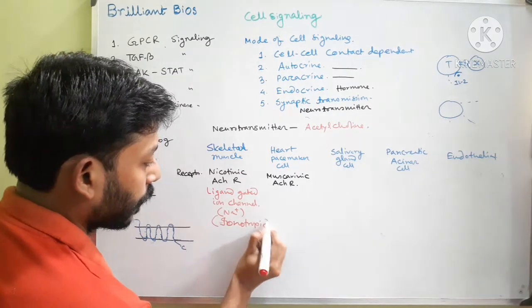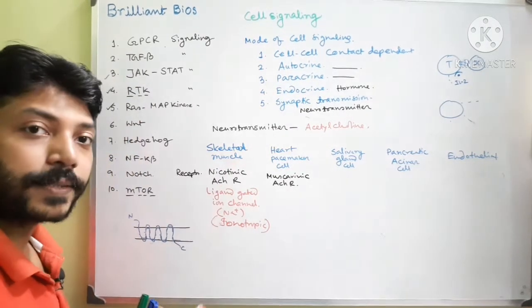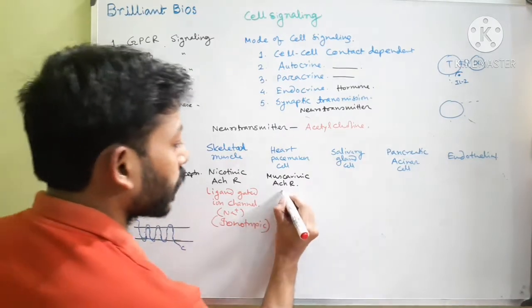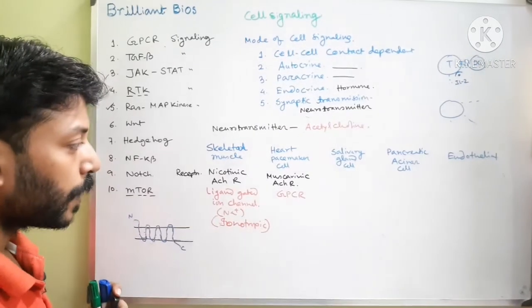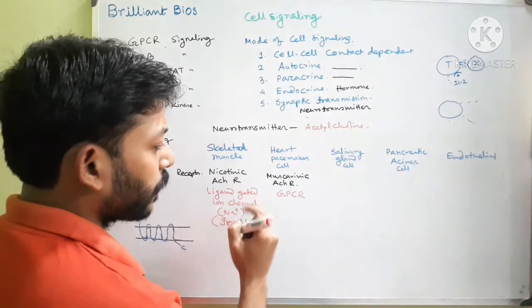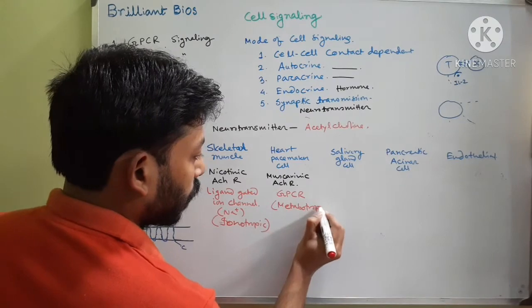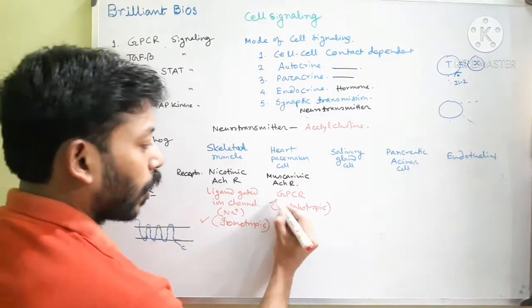But in the case of muscarinic acetylcholine receptor in heart pacemaker cells, this receptor is not a ligand gated ion channel. This is actually a G-protein coupled receptor, and this receptor is called metabotropic. The ionotropic receptor works fast and the metabotropic one works slow.